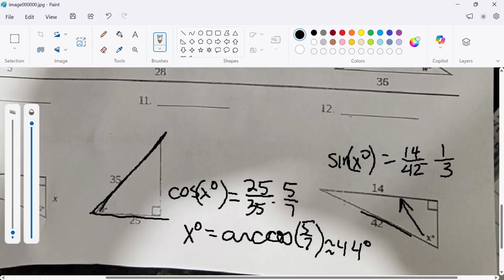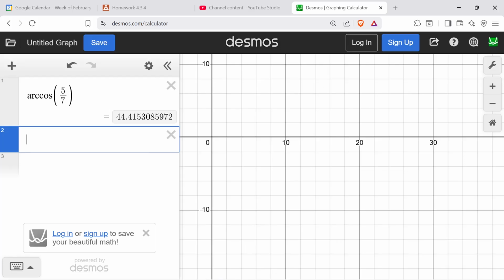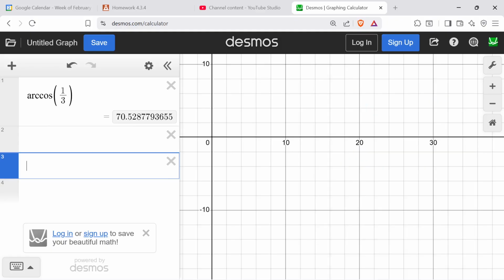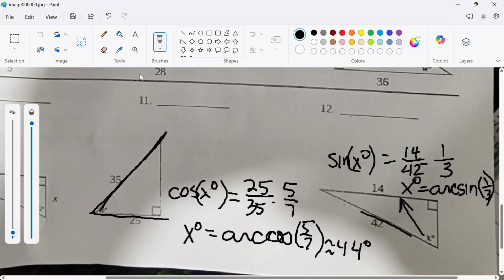So sine of x equals 1/3. x degrees equals arc sine 1/3. If I do that on my calculator, I'm paranoid about always checking if I'm in degree mode. It's 71 degrees, approximately.